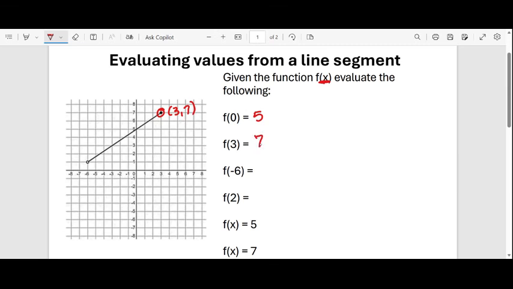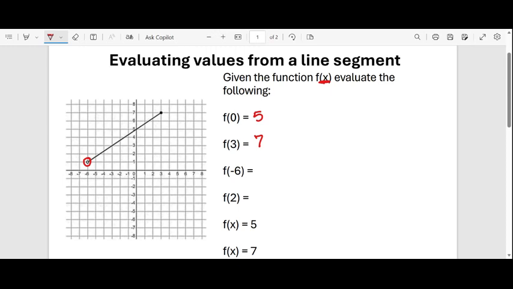Now when I say f of negative 6, f of negative 6 would be right here. Now let's look carefully at this point. Up until this point, we've had a solid line and a solid circle. F of negative 6 is an open circle. When there's an open circle, the line actually doesn't exist there. What we're saying is we can go all the way up to like negative 5.999999999 forever and ever, but we don't ever actually reach negative 6 with this line segment.